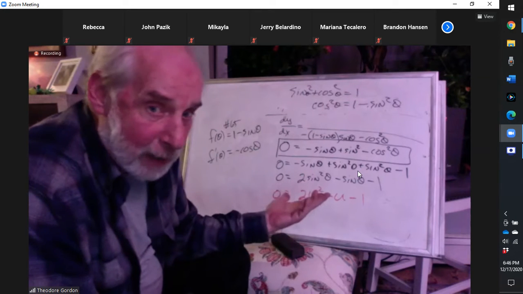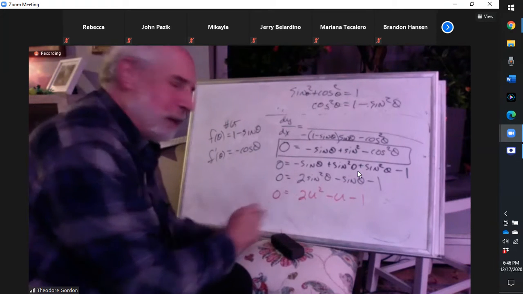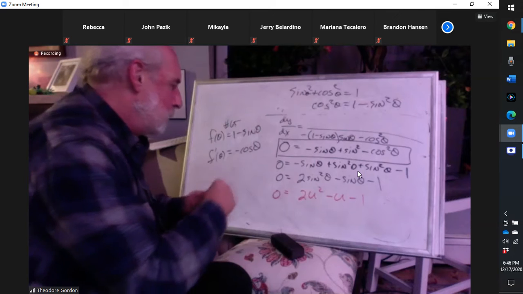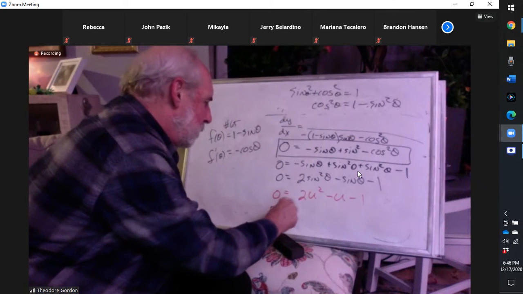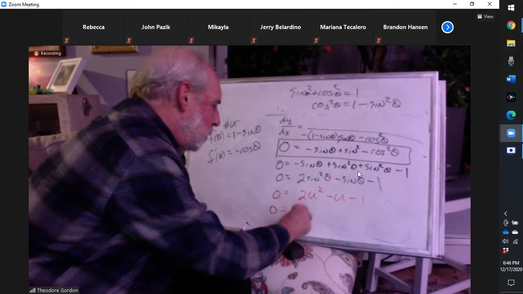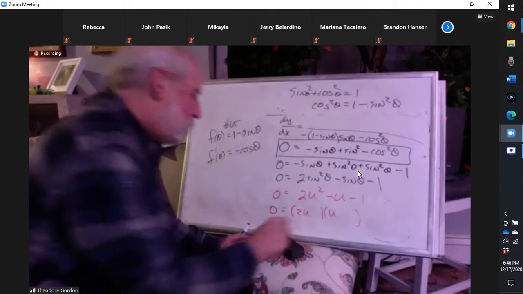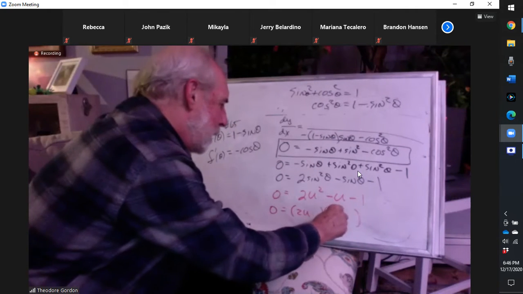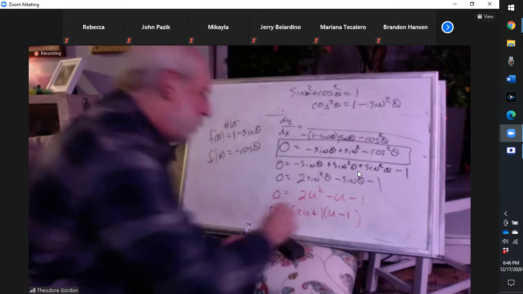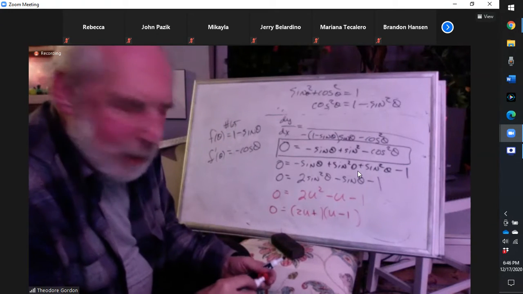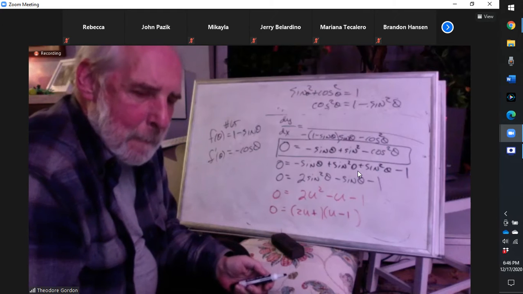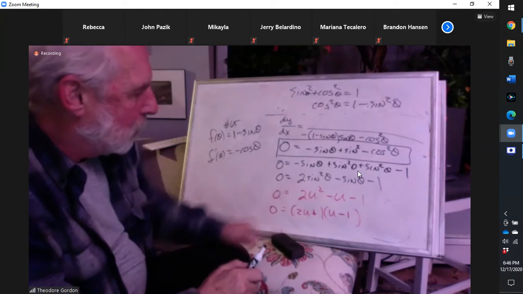Well, they all factor, but does this factor nicely? So we would have 0 is equal to 2u and a u, right? And then we would have a minus 1 here and a plus 1 here. Are you okay with that? That makes sense.